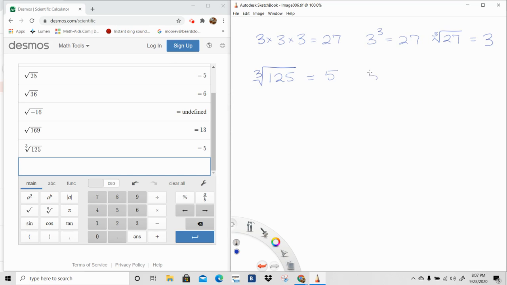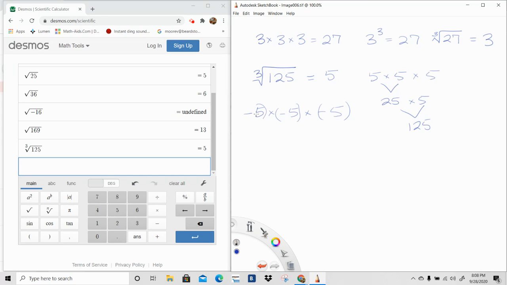And we can check that. 5 times 5 times 5. Well, 5 times 5 is 25. Times 5 again gives us 125. Okay? Now, here's another really interesting thing about cube roots. We cannot have a negative square root, but with cube roots, we're multiplying 3 times. What if I did -5 times -5 times -5?